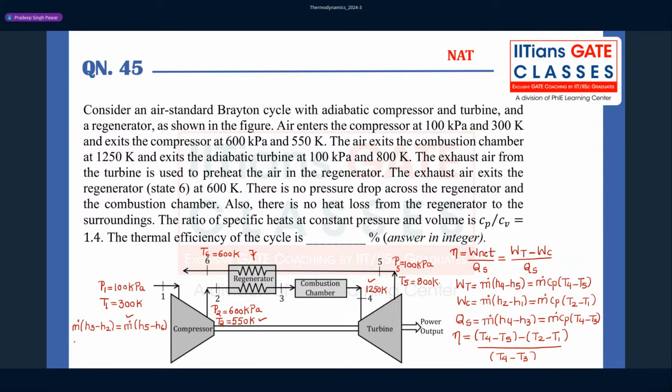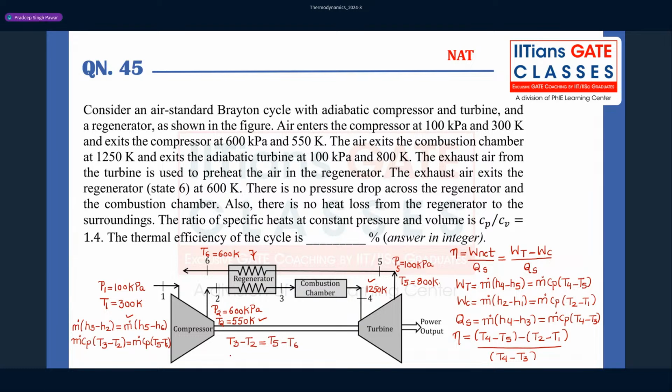This will be m dot Cp (T3 minus T2), and this will be m dot Cp (T5 minus T6). So you have T3 minus T2 equal to T5 minus T6.